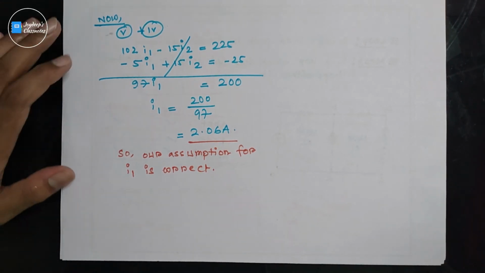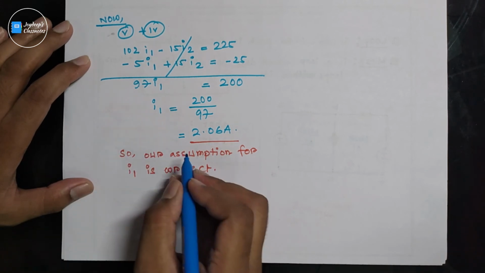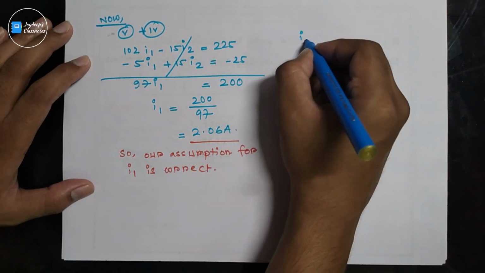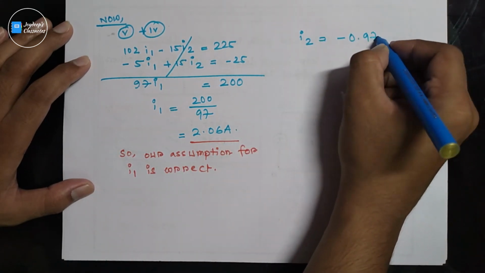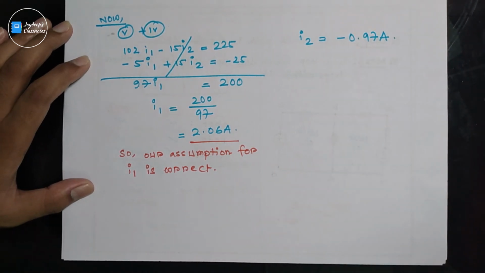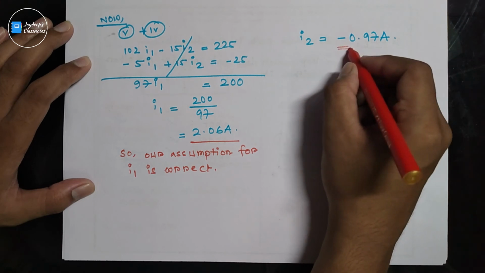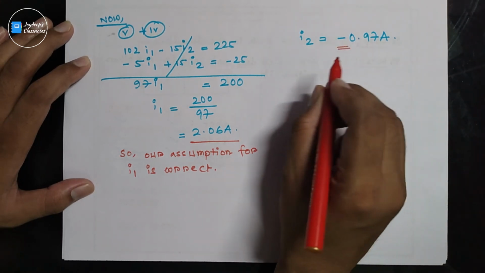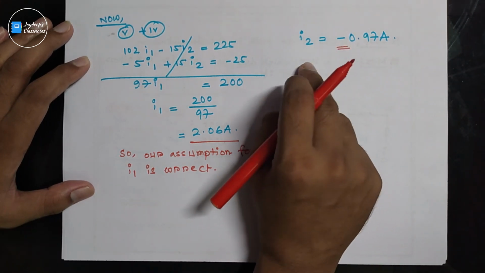So if you just put this value in any equation, your I2 becomes minus 0.97 amps. Clear? Now why minus? This minus indicates that what we have assumed the direction of I2 is wrong.